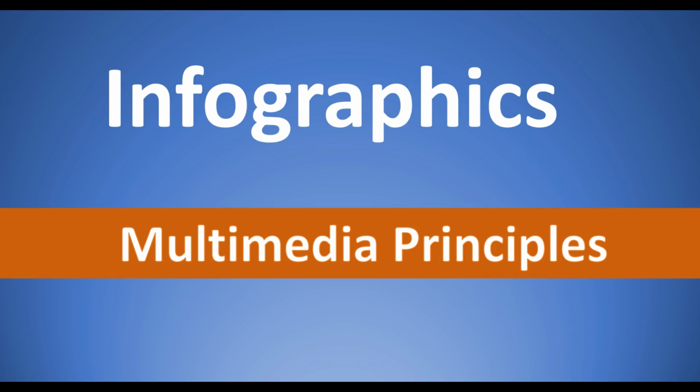The second principle is the split attention principle. This states that related content or information must be integrated for information to be understood by the learner. In the tutorial demonstrating the poorly designed infographic, if you recall, the social media icons at the top were not located next to the data they were representing.